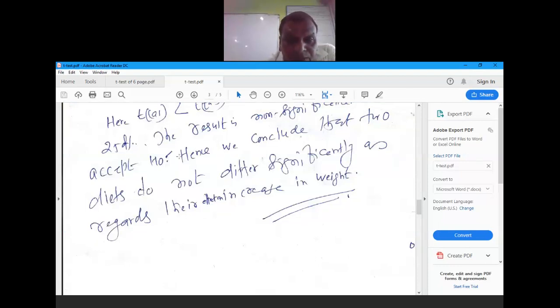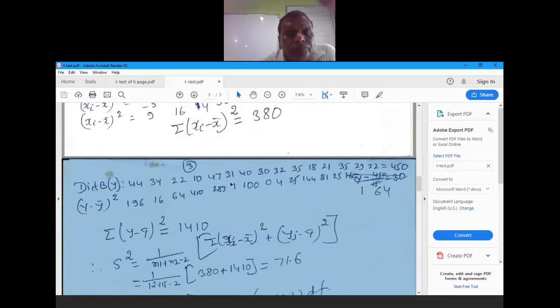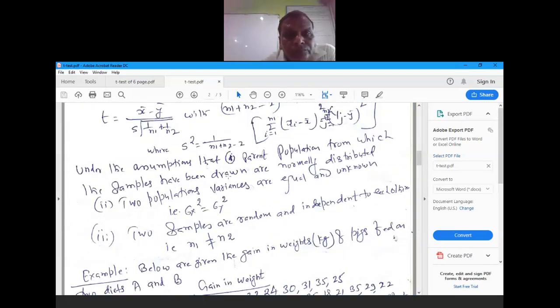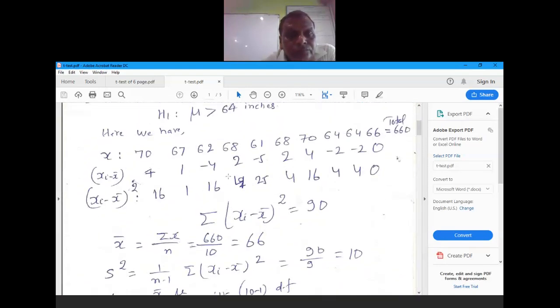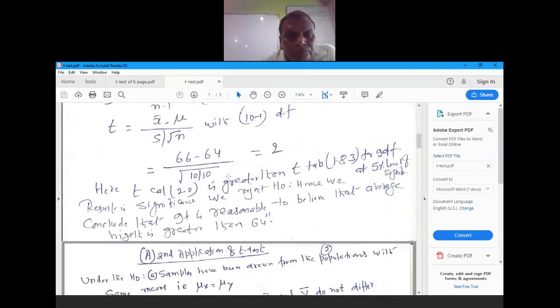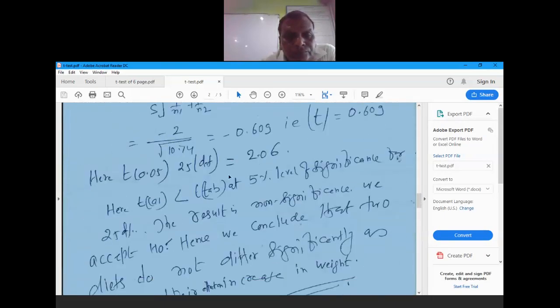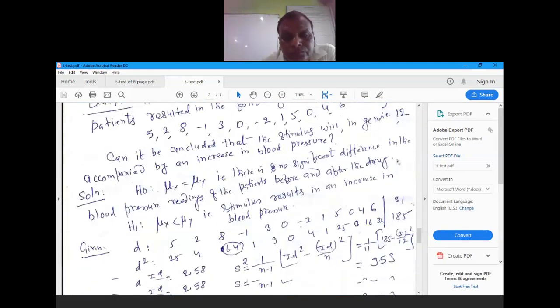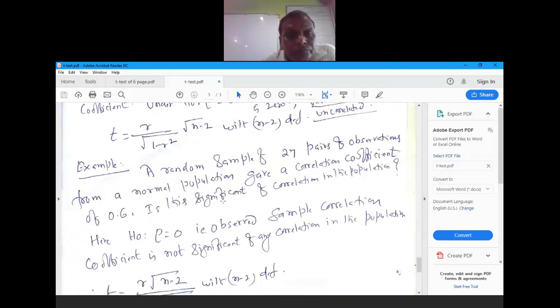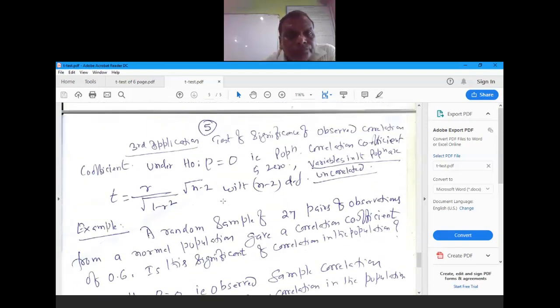So have you remembered this formula? So you may write the statistics to test the significance of observed sample correlation coefficient.